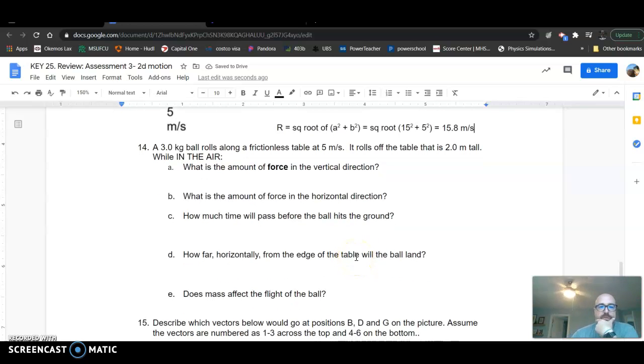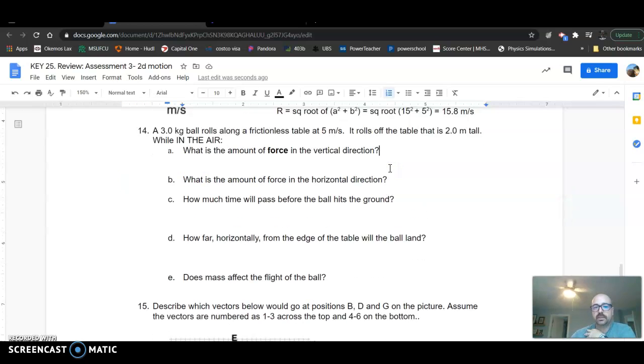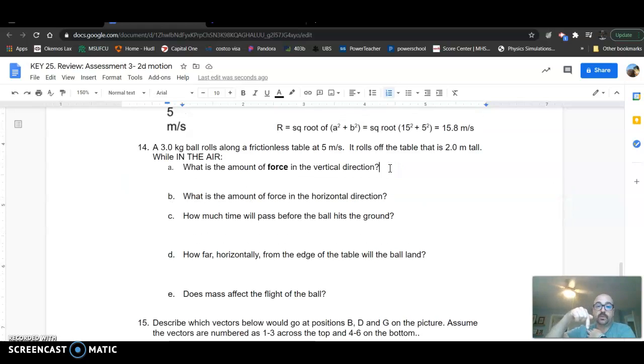Now the ball is in the air, rolls off a table. A lot of kids ask me about A and B. I'm on a force in the vertical direction. Here's what I need you to know: this is the downward force, and we talked a lot about how the only force on it is the force of gravity. So what would that force be? I'd just have to find the force of gravity on a 3-kilogram ball. My physics knowledge tells me it's the force of gravity, which equals the weight of that ball.